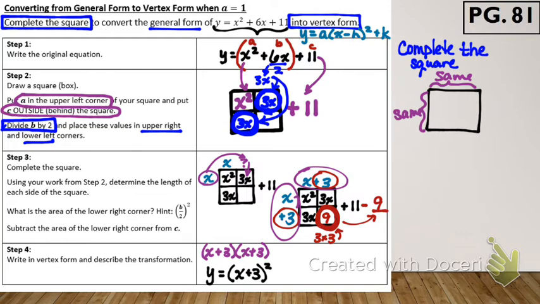And then out behind it, we had plus 11 and minus 9. I'm going to combine those two together and get what? Plus 2. That is my vertex form right there.